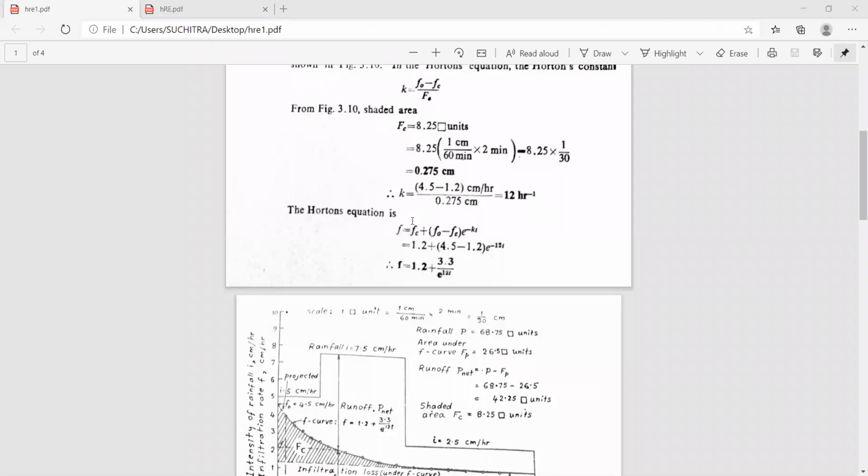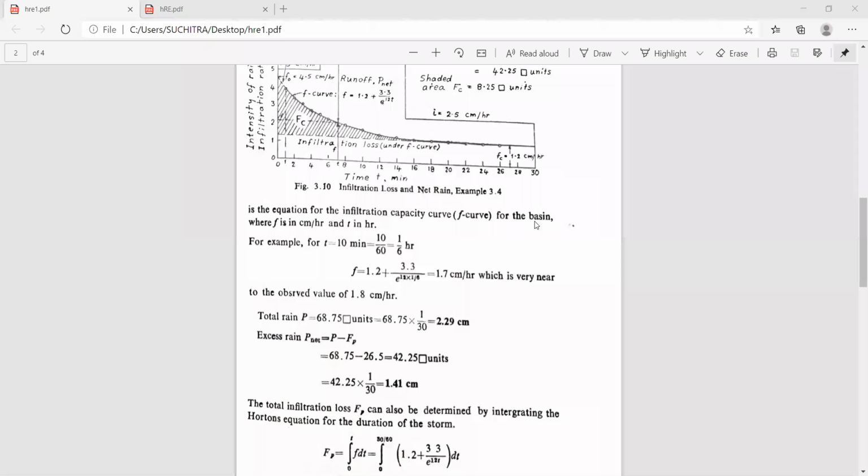Now Horton's basic equation is F is equal to Fc plus (F naught minus Fc) e to the power of minus kt. Here if I substitute Fc as 1.2 and F naught as 4.5, e to the power of minus 12t, where k is 12, you will get F as 1.2 plus 3.3 times e to the power of minus 12t.